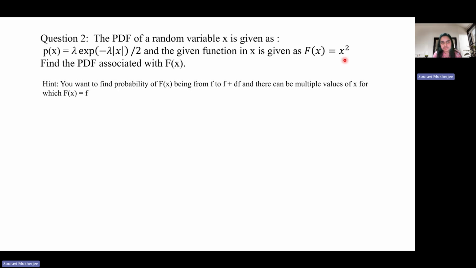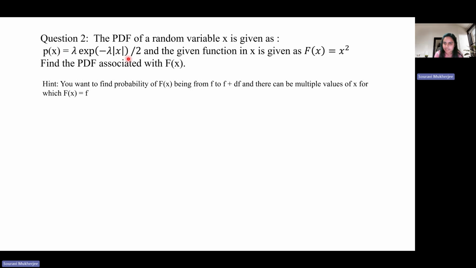So what do we have to do? There are two possible values of x for which f(x) becomes 9: one is plus 3 and one is minus 3. And we know the probability of occurrence of 3 and minus 3 can be defined from this expression. So we will use this probability and look at the different options of x which give f(x) equal to 9.